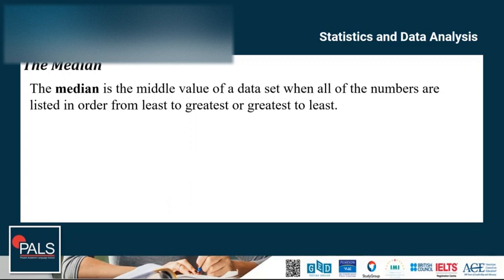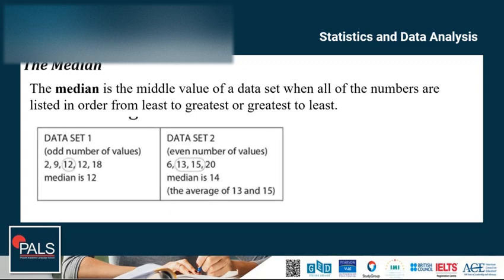Let's look at some examples. Data set 1 has an odd number of values because we have 2, 9, 12, 12, and 18. So there are 5 values, the middle is 12, so the median is 12.